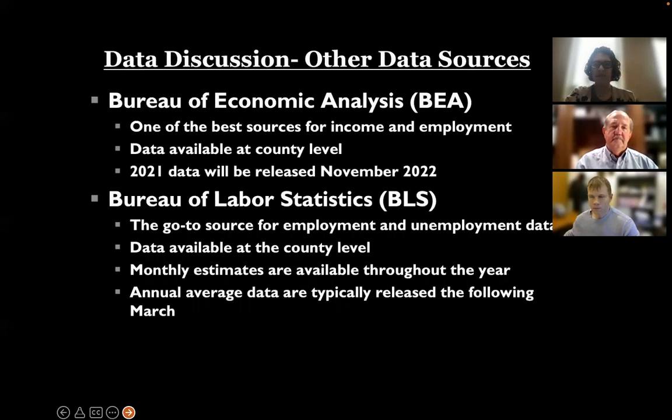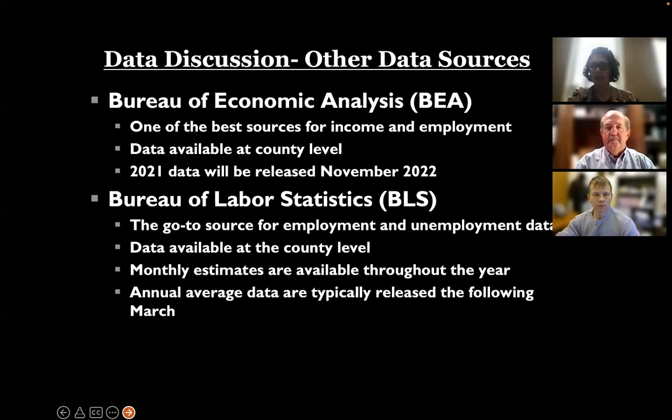And then lastly, a couple other sources that we rely heavily on, the Bureau of Economic Analysis. When I do this presentation in communities, I like to say, if you want to know anything about income, gross domestic product, that is your place to go. This data is updated annually. So the 2021 data, we're about a 2-year lag, but the 2021 data should be released later this year, probably November, December 2022.